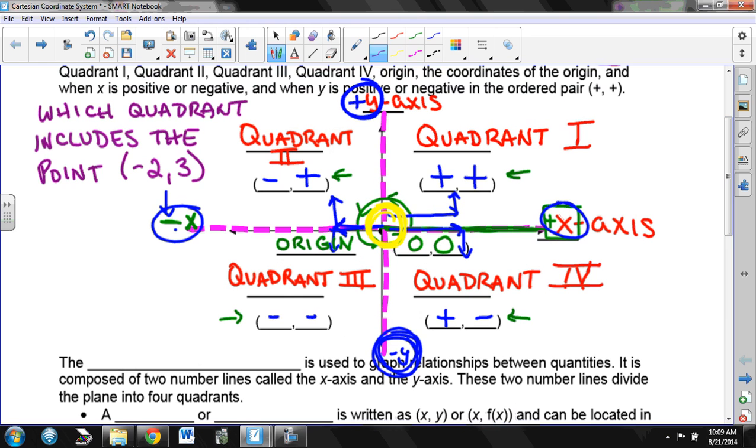To locate the point -2, +3, the first number is always our x value. So negative x is going to be to the left of center. The second number is our y value. +3 is upward. So -2 is 2 to the left, +3 is 3 up. That puts us in quadrant 2.